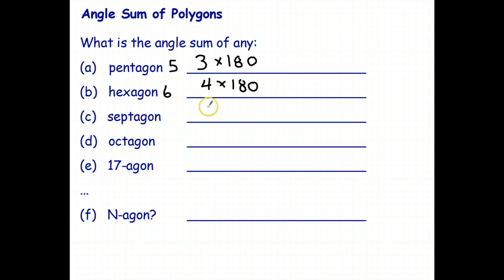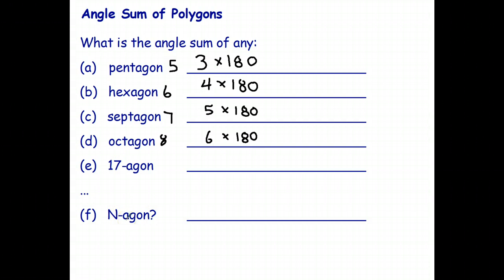Continuing, a septagon can be broken up into 5 triangles, each of which has an angle sum of 180. An octagon is 6 triangles, each with an angle sum of 180. And what do you think about a 17-gon? Why don't you figure out that one, and then see if you can figure out the general rule.